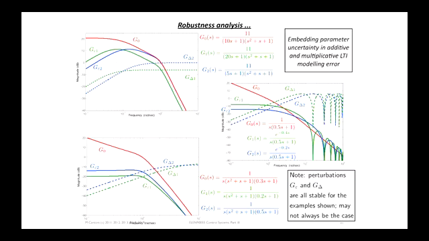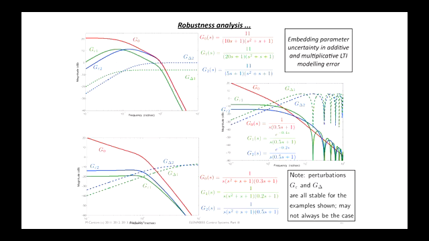This is what the multiplicative modelling error looks like. Again, you can see that it's more significant at high frequency than at low frequency. And in this case, the additive uncertainty is such that it's more significant at low frequency than at high frequency.